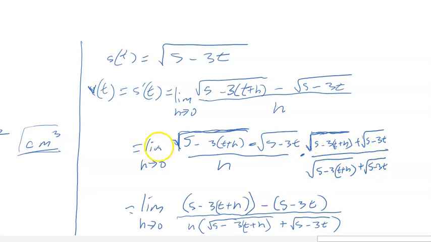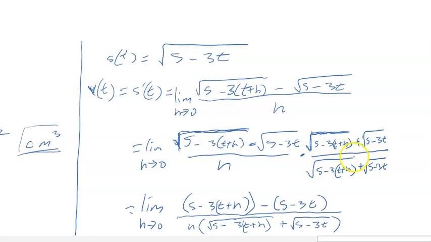So we end up with the limit as h approaches 0 of radical 5 minus 3 parentheses t plus h minus radical 5 minus 3t, over h, multiplied by, in the numerator, radical 5 minus 3 parentheses t plus h plus radical 5 minus 3t.